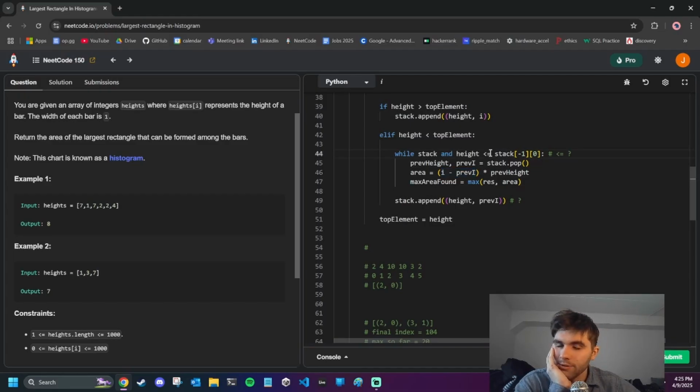Well, if it's equal to it, then we should do plus 1. Because if it's equal, then we want to include... Yeah, that makes sense.